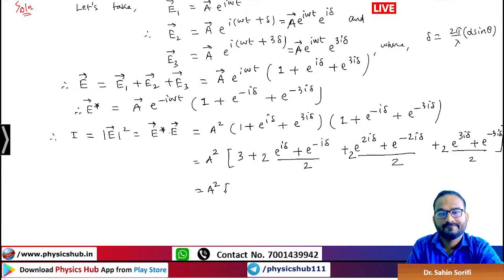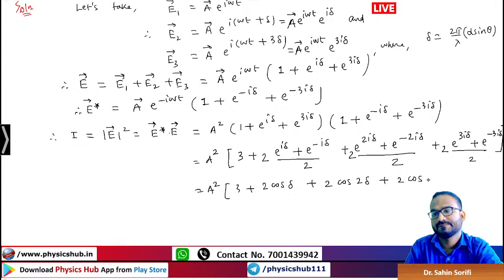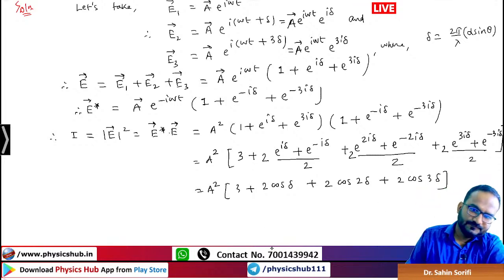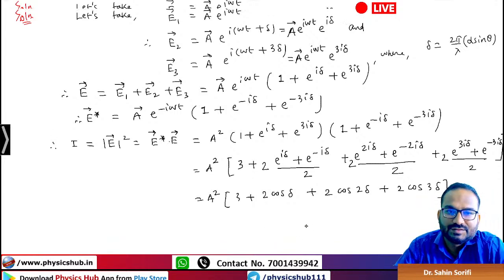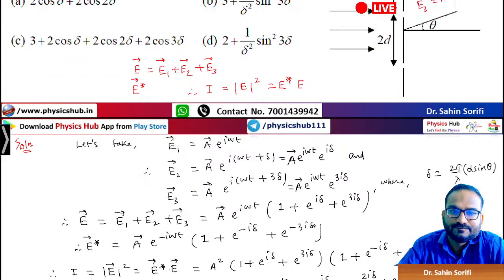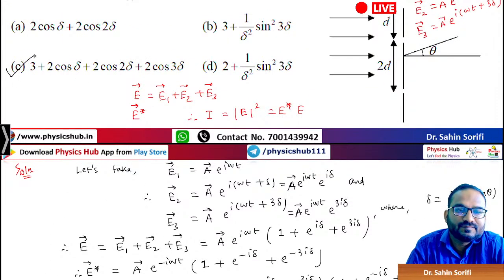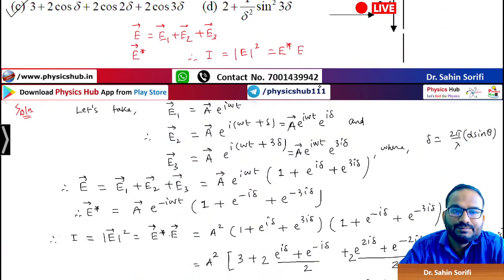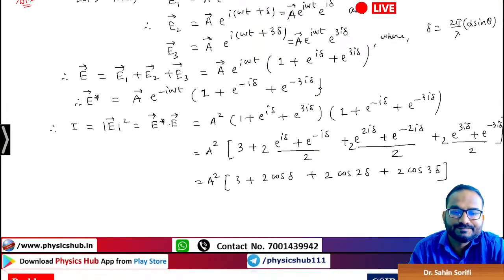So A square times 3 plus, this is cos delta, this is cos 2 delta, this is cos 3 delta, and I think it has matched with one of the options, C. So I is proportional to this thing.